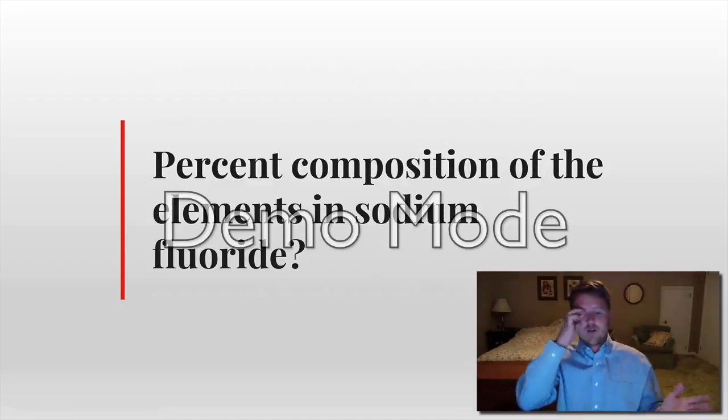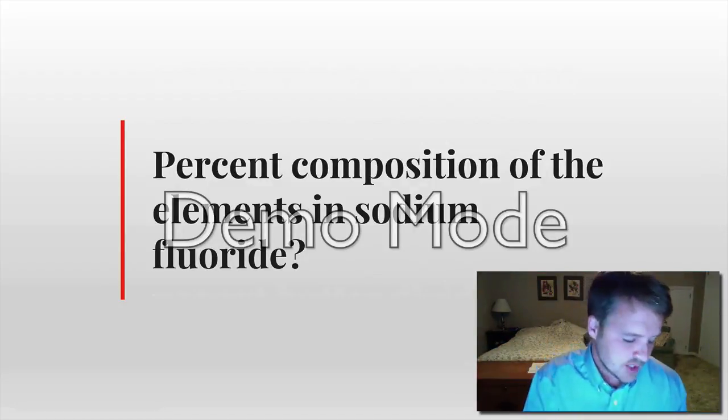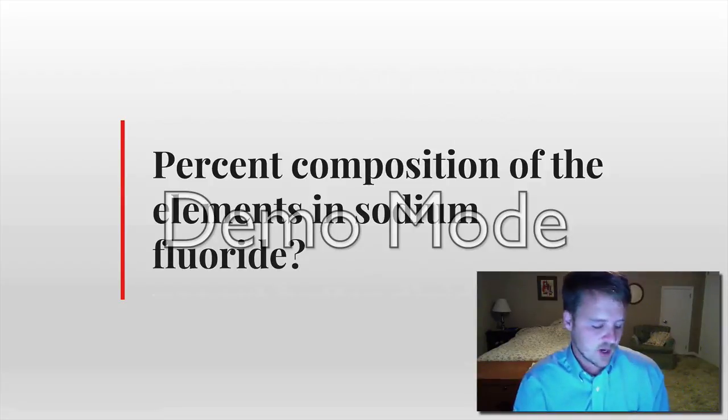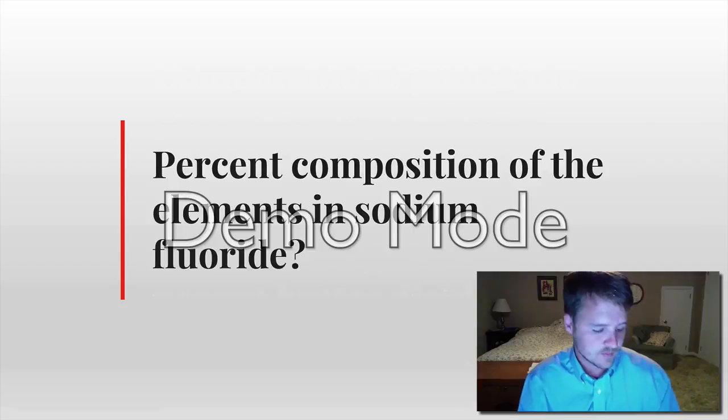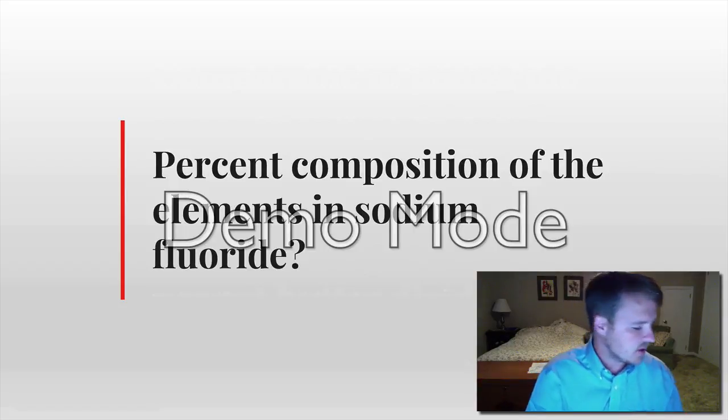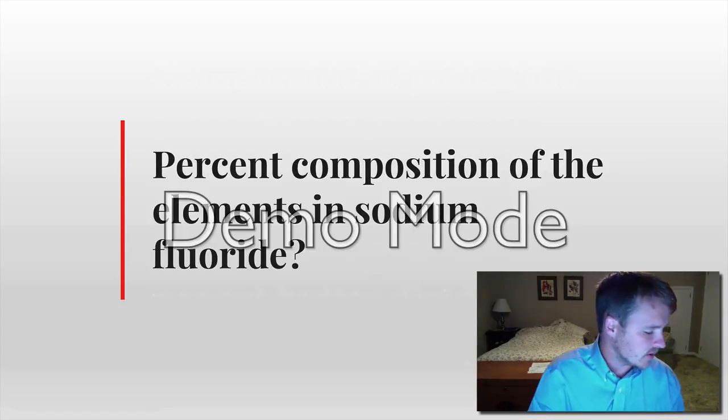It's really straightforward because there's just 2 elements in it. So the percent weight of sodium in the compound is 23 divided by 42 for the whole thing, and the percent weight for fluoride is 19 divided by 42. Really straightforward, really easy.